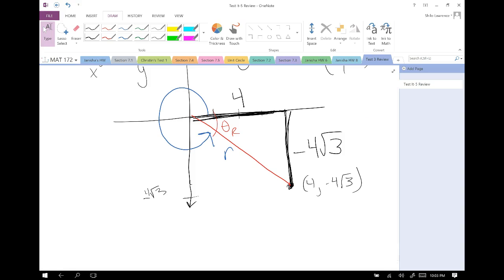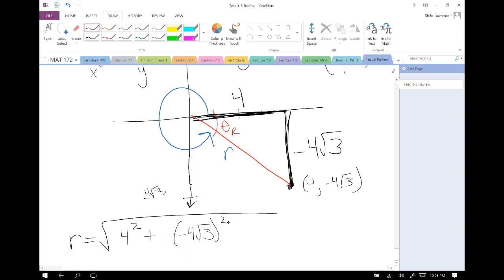The r is a little bit tricky because you're going to have a radical inside of your Pythagorean theorem. So r is the square root of your x squared plus your y squared. Now to square this, you're just going to square each piece and just do it slowly and think about what you're doing. Then we're going to add the stuff together. So 4 squared is 16.